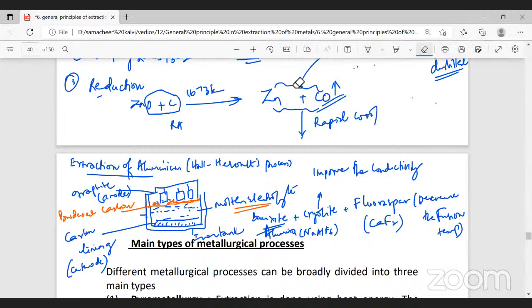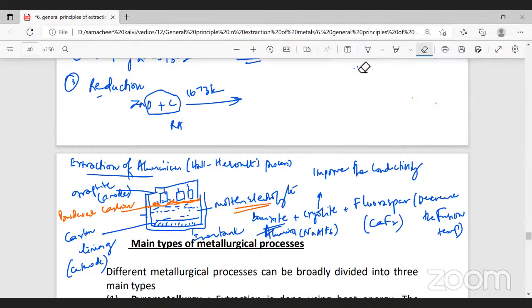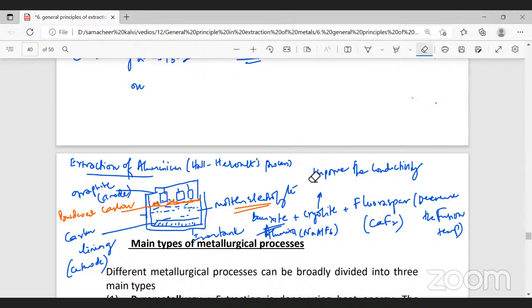Pure alumina is a non-conductor, so to improve the conductivity we use cryolite. Cryolite is sodium aluminum fluoride, Na3AlF6. It is Na3 because the valency is not balanced.